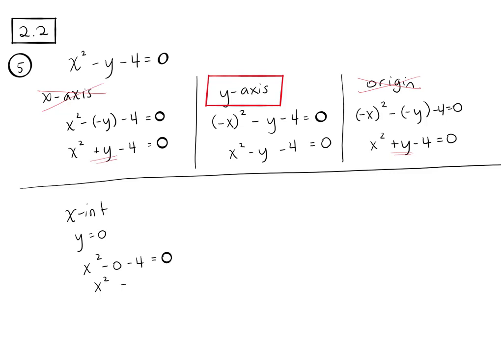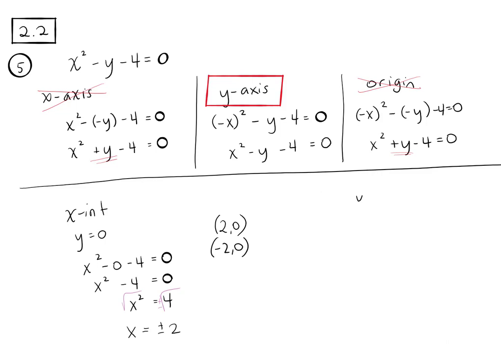X squared minus 4 is 0. X squared is equal to 4. So don't forget that when you square root both sides, you have to put a plus and minus sign. You're going to get x is equal to plus or minus 2. We have two intercepts. That would be at 2, 0 and at negative 2, 0.